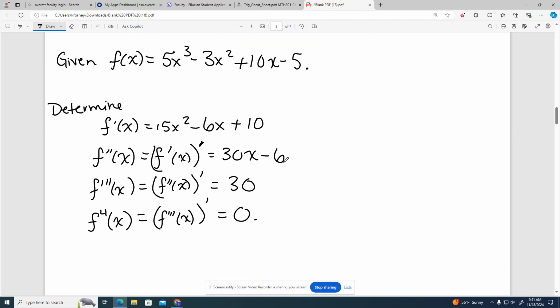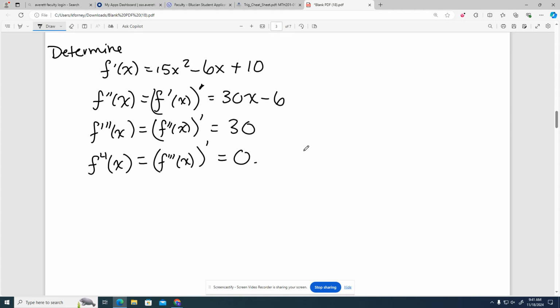So, what you might notice here is what was the highest degree in our original function? 3. So any degree after that is going to give you 0, because that's the highest you can take before you get to your derivative 0. So we can write a fact.